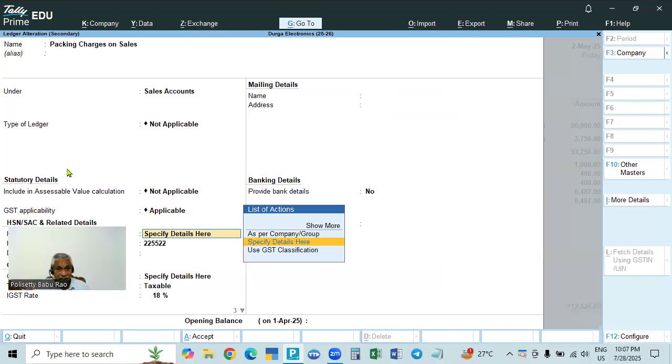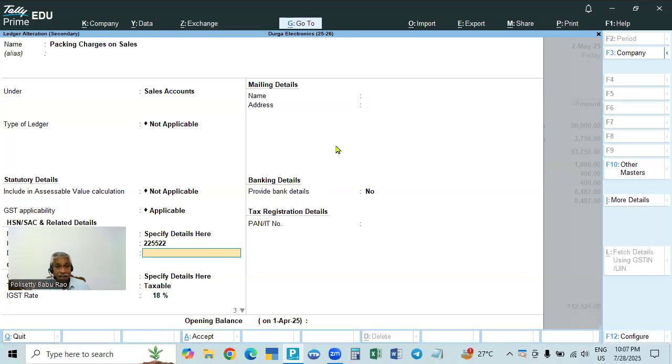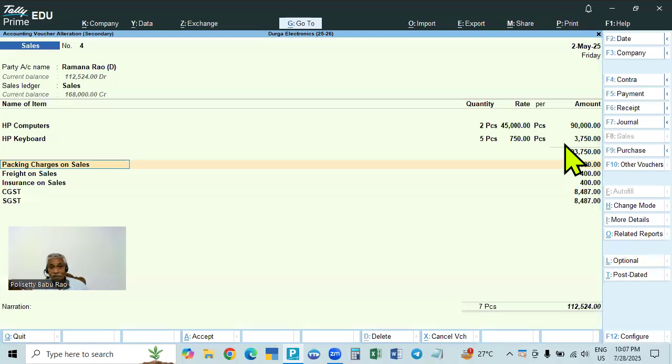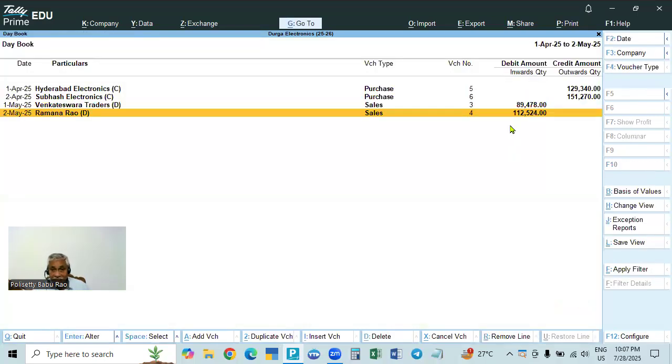So the first one is the first method, and this is the second method. When we use the second method, we also give the effective date, 2nd May. So the second setting should be applicable for the second method, and for the previous period the first setting should be applicable. That is why it asks for the date.